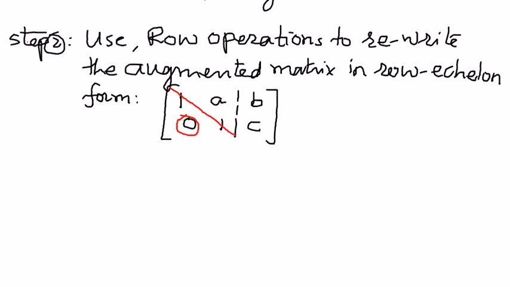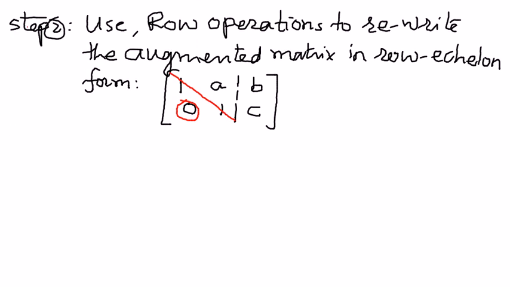Or if we have a system of linear equations in three variables, then the desired form of row echelon form should look like this: 1 a b c, 0 1 d e, and then 0 0 1 f.